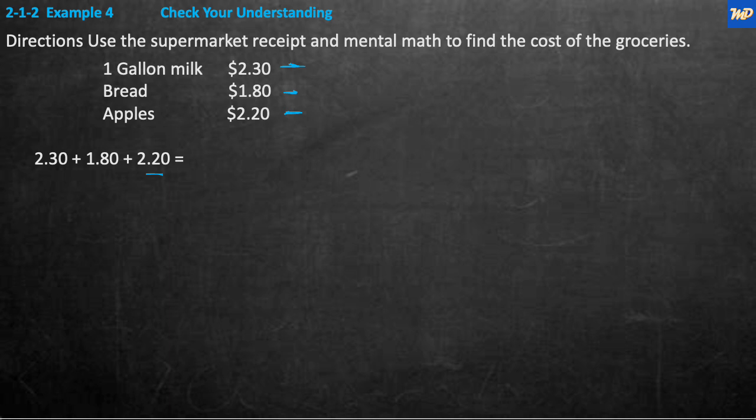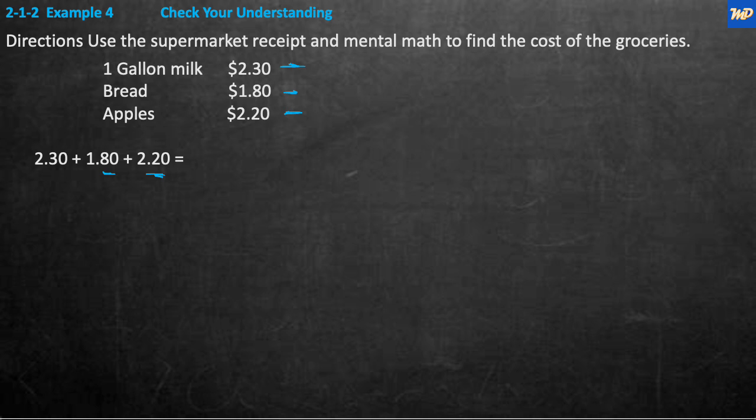So now what can we do to these numbers to make it easy as we're looking at them to do it in our head? Well, what goes together comfortably? Does the 30 go together with anything comfortably? No. I guess 30 and 20 is 50. But if you take the 80 and the 20 cents, that's $1. So now you have $1.80 plus $2.20.